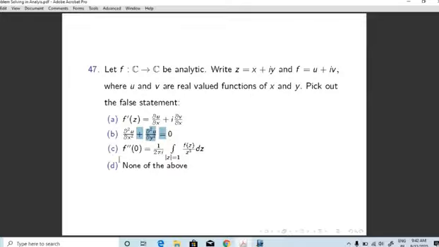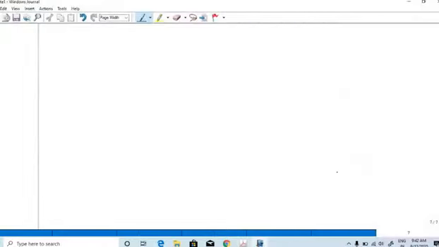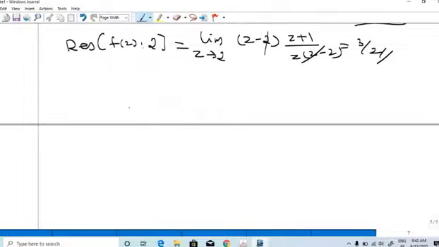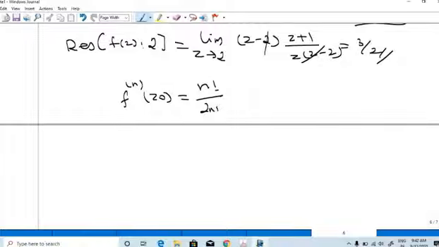But look at the third one. This is the second derivative, with a cube. In general, the Cauchy integral formula says the nth derivative of f at z naught equals n factorial by 2 pi i times the integral over the curve of f of z dz by z minus z naught to the power n plus 1.